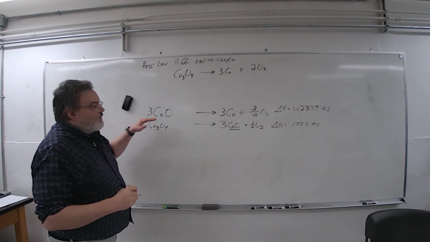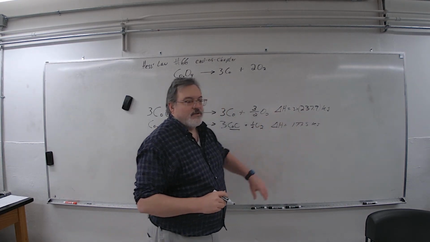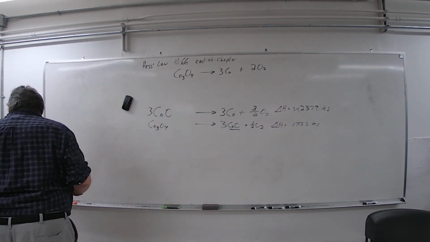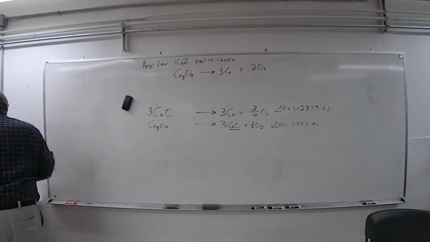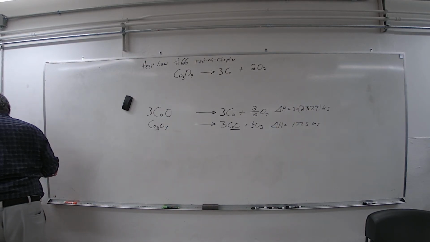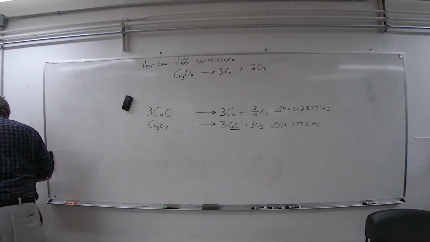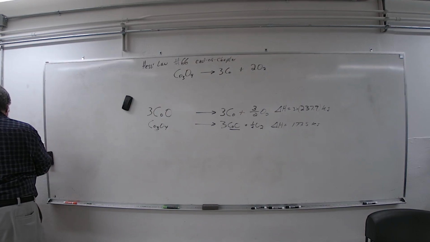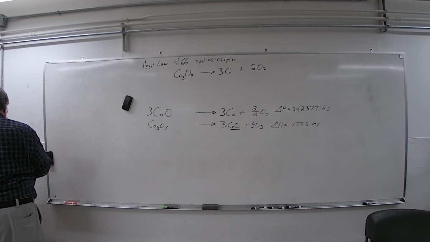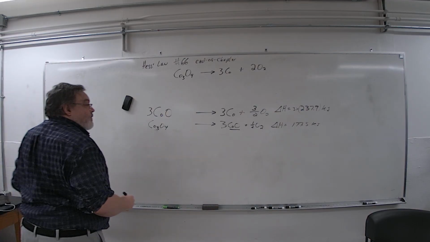I multiply all the way through by 3, including this kilojoules. So 237.9 times 3 is 713.7.